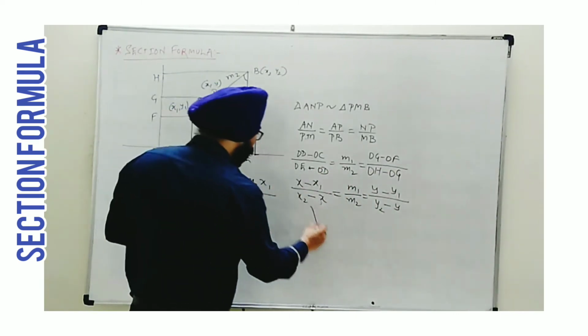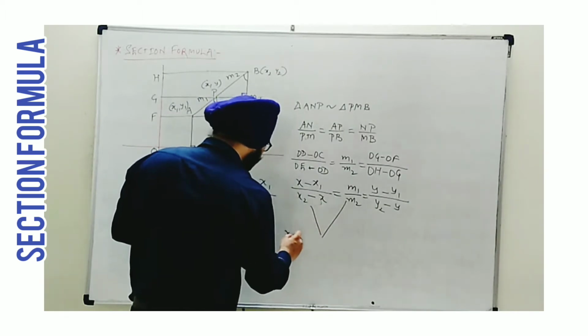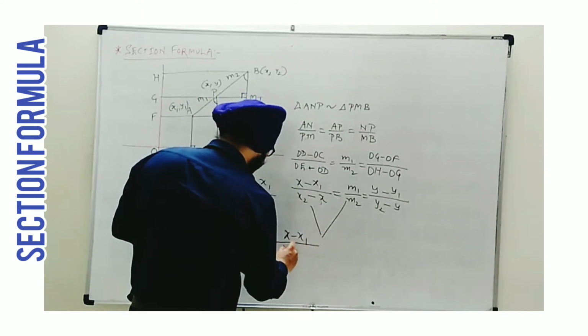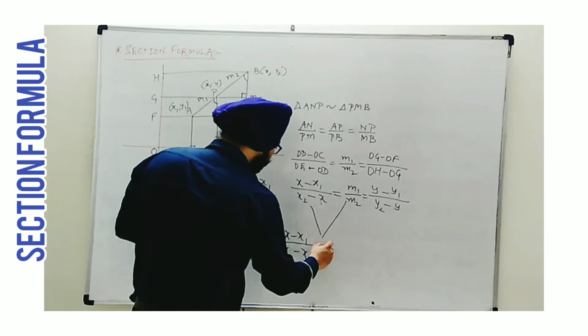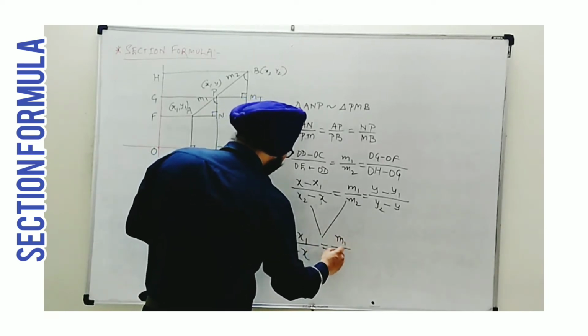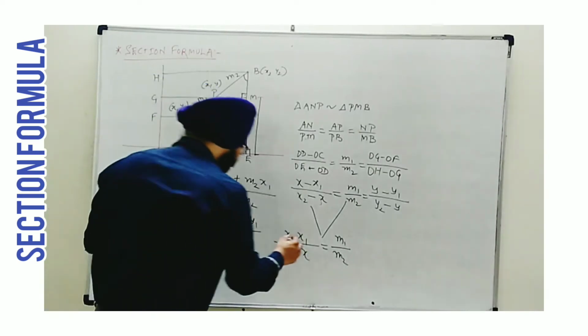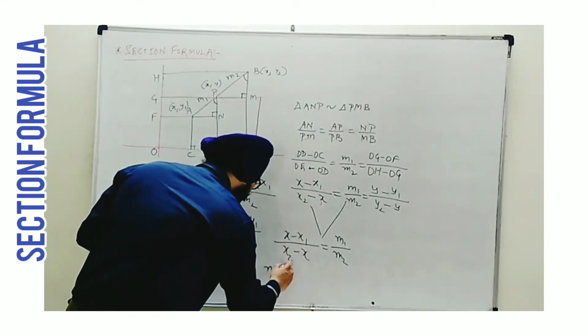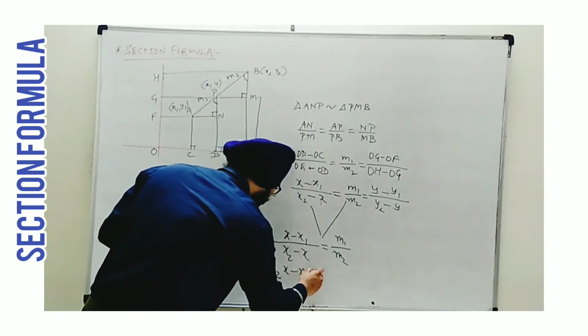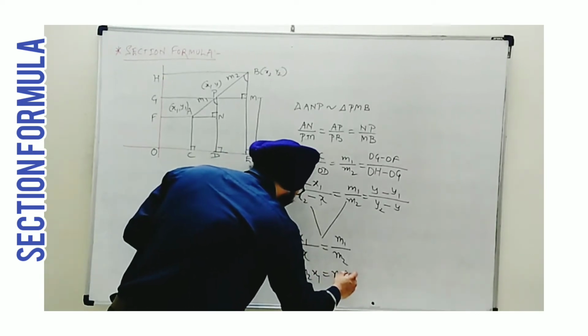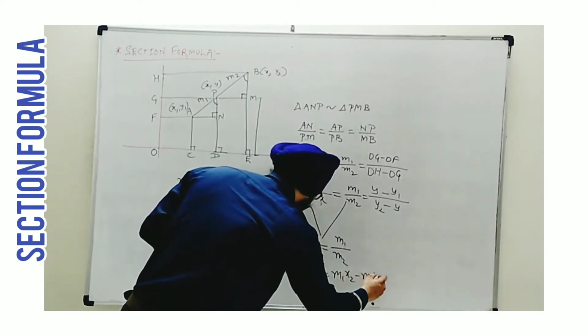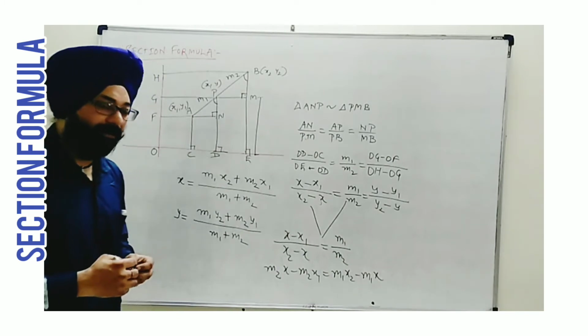Now if I equate these two, X minus X1 upon X2 minus X is equal to M1 upon M2. We need to simplify. By cross multiplication we get M2X minus M2X1 equal to M1X2 minus M1X. Now we have to collect the like terms.